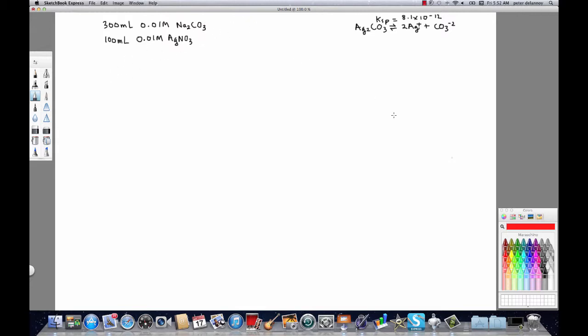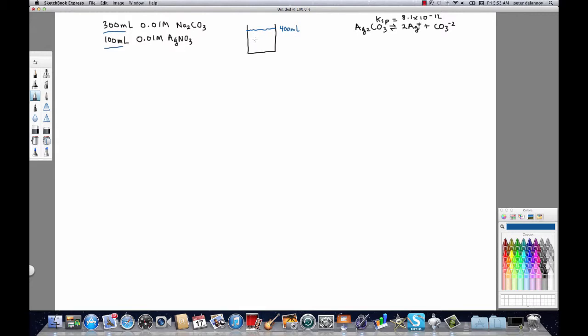I'll draw a picture quickly of what we have going on. We have a beaker with a total of 400 milliliters of solution, because we're adding the 300 mL to the 100 mL. We're mixing two completely soluble compounds.